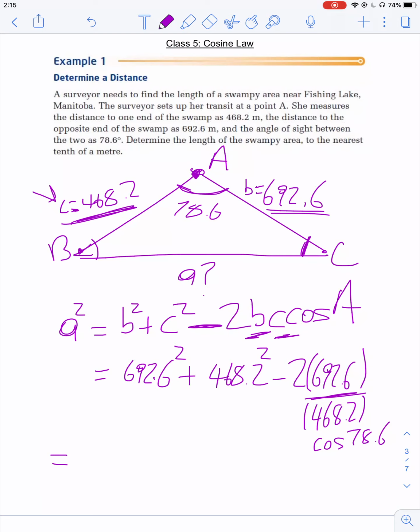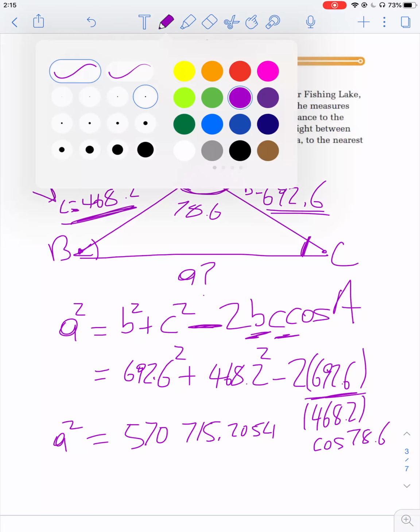When you do that, you will get a big number. Remember, A squared will equal this big number, because we started off with A squared, and that big number is 570,715.2054.